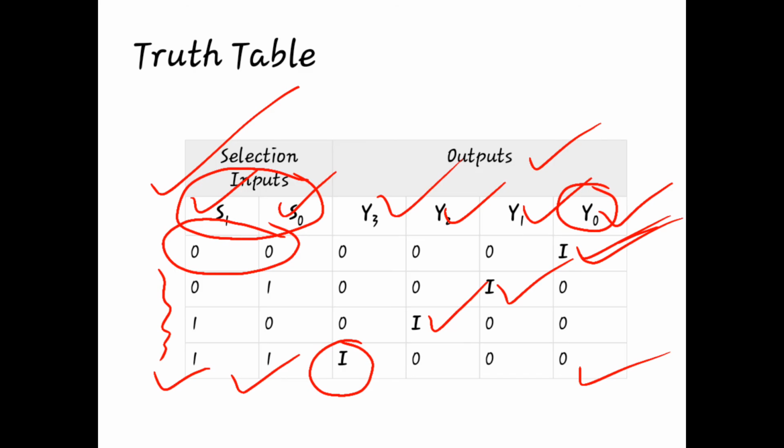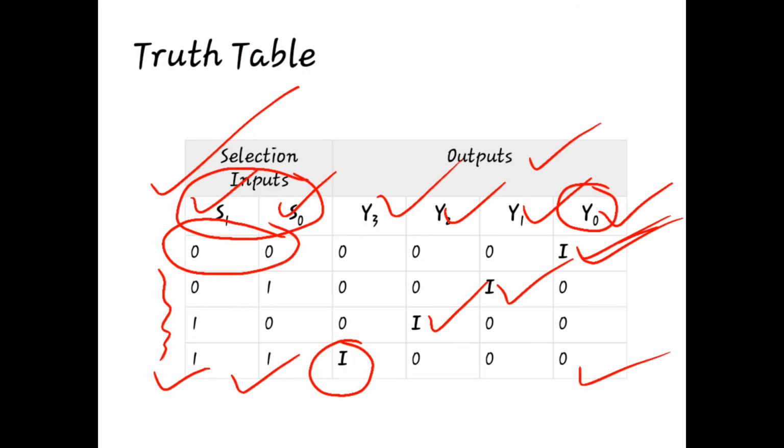Now, following the truth table, we can write the Boolean expression or the logic expression for the 1 by 4 demultiplexer like this. Now let me start with Y3 first. Here, it is the case what we are talking about for writing the expression for Y3. So following the truth table, you can see the select lines here are high.